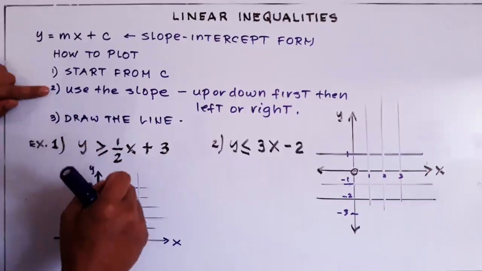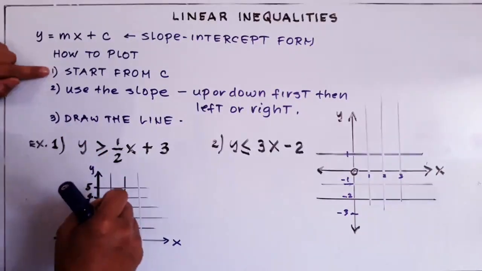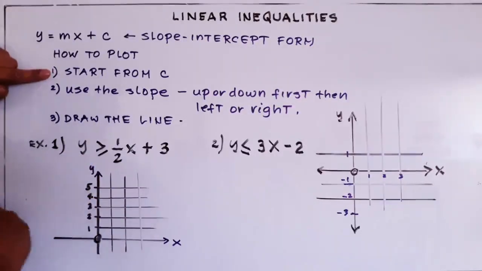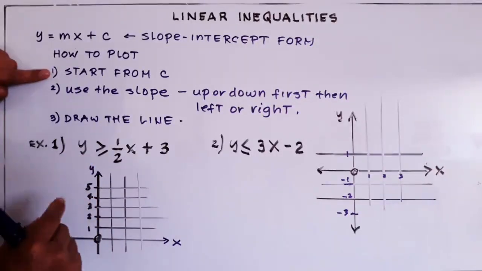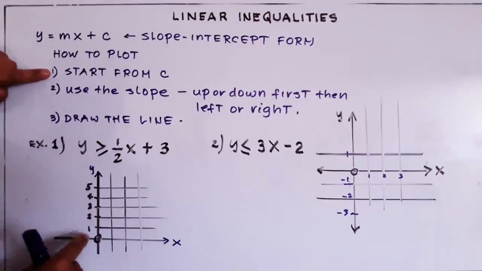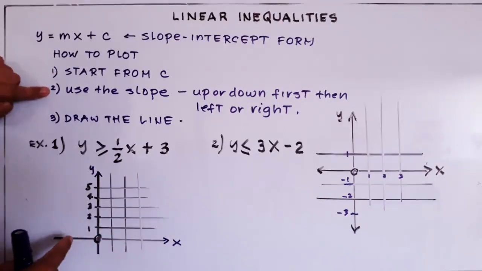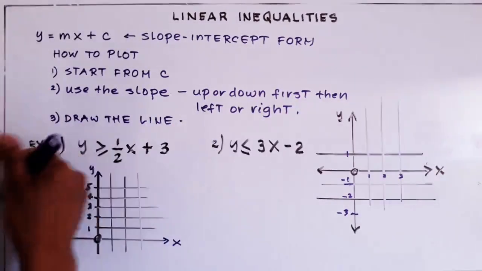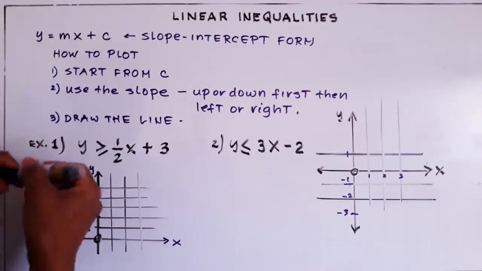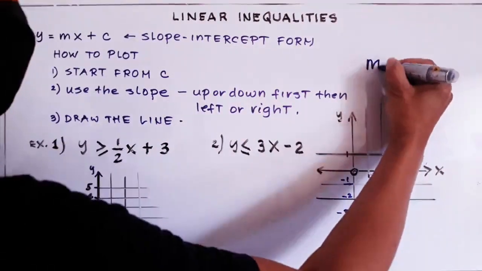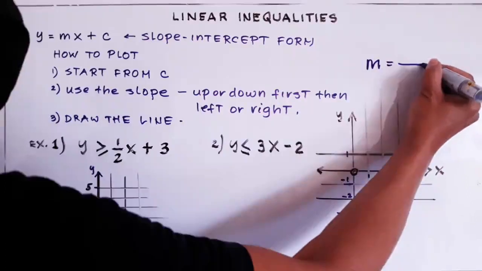So C could be positive or negative, it depends, or 0 if you cannot see the number there. And then after locating the C, that is the point on the y-axis from which you are going to start. Start from point C on the y-axis, that is your jumping point. And then when you are there already, you use the slope. The slope is written as a fraction, always two numbers.